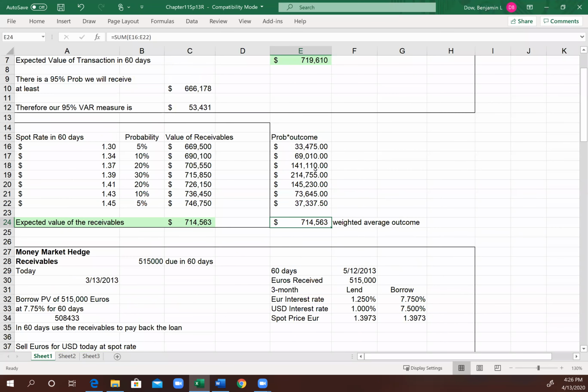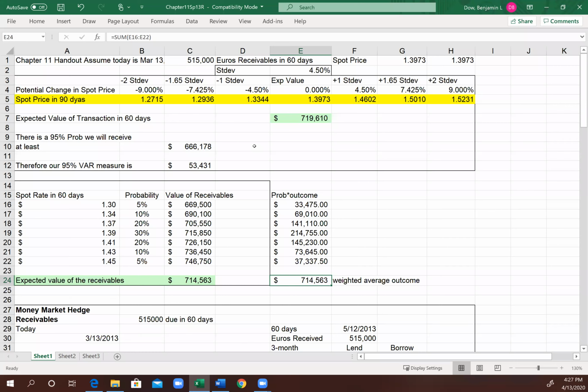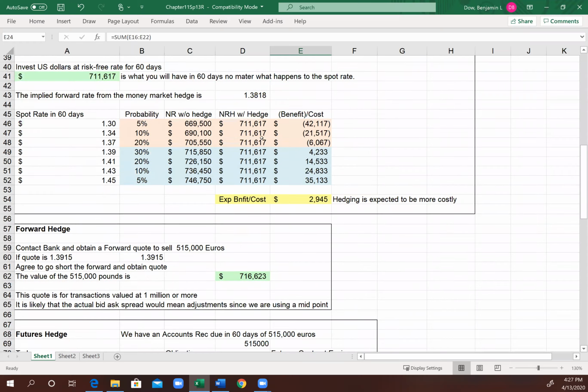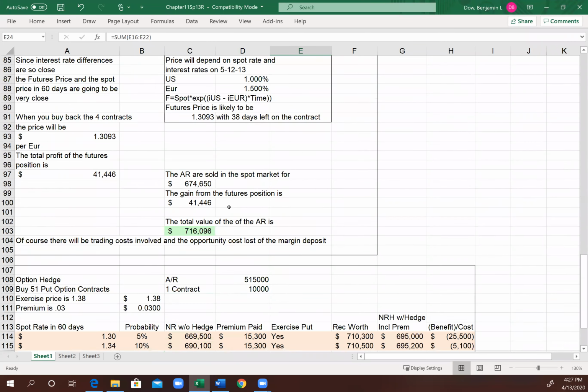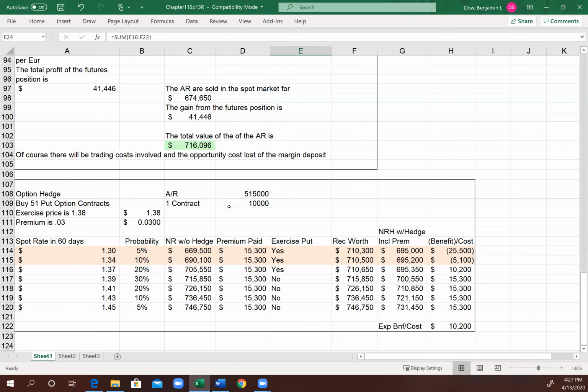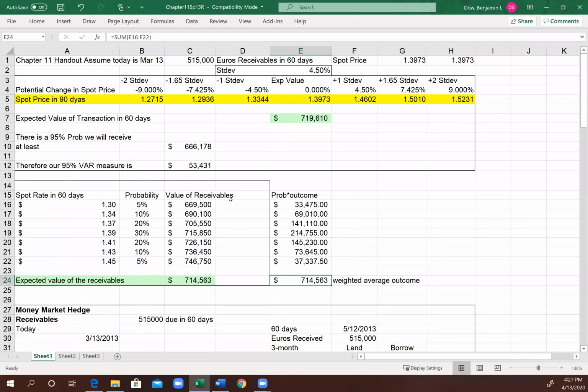We've already talked about one: using a rollover spot hedge. That's not mentioned in the book, but what is mentioned is money market hedges, forward hedges, futures hedges, and options hedges. That's kind of what we're getting into today, looking at these different sorts of hedges.